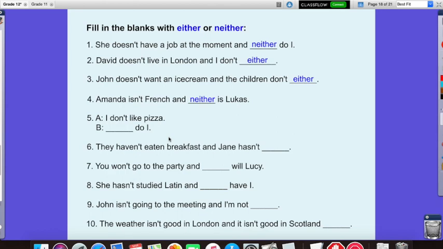Next one. I don't like pizza. The answer, neither do I. Sixth sentence. The answer, they haven't eaten breakfast and Jane hasn't either.